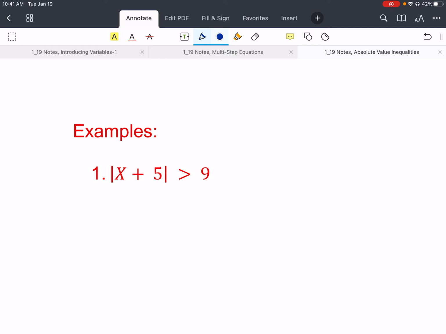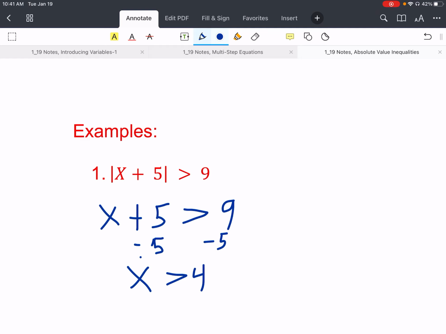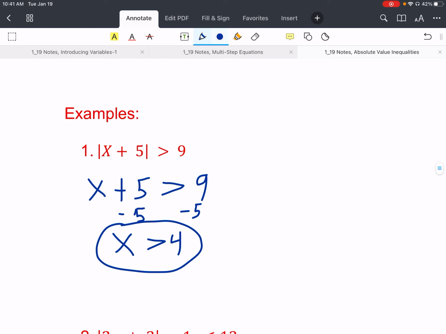When we are left with just the absolute value, we're basically copying down x plus 5 is greater than 9. If we subtract 5 from both sides, we end up with x is greater than 4. Piece of cake.